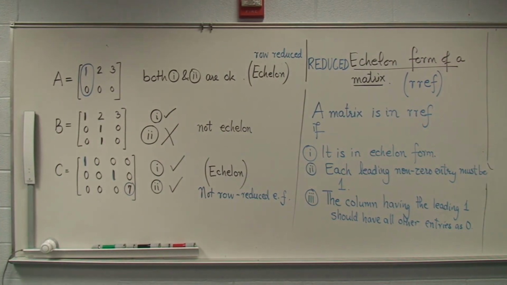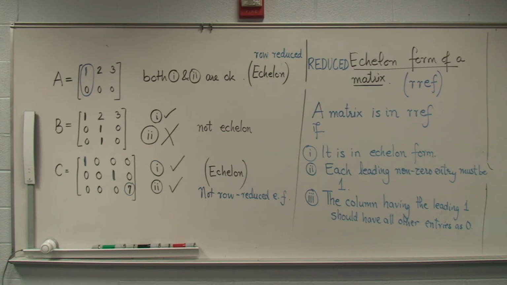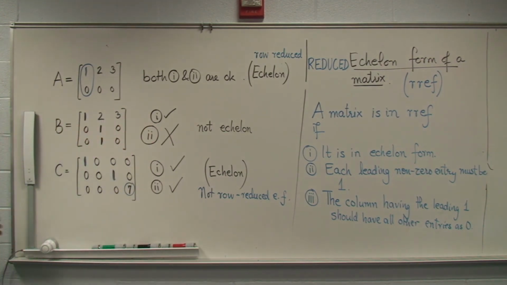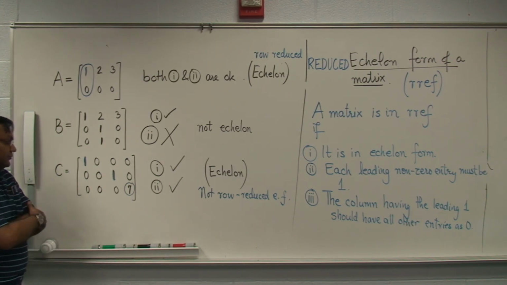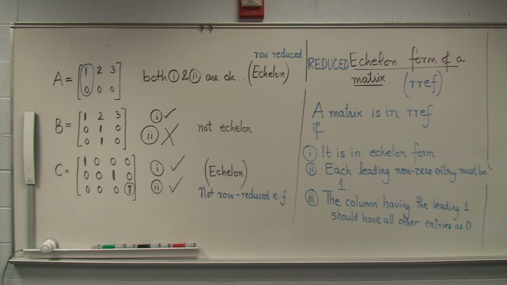So one good thing about row reduced echelon forms is, if we try to bring a matrix to a row reduced echelon form, the final form will be unique if we insist on row reduced form. However, if we just insist on echelon form, there could be infinitely many echelon forms of a given matrix. And that is one reason why sometimes we insist on getting a row reduced echelon form, so that whenever I get, you get, or anybody else gets, it will be the same row reduced echelon form for a given matrix.